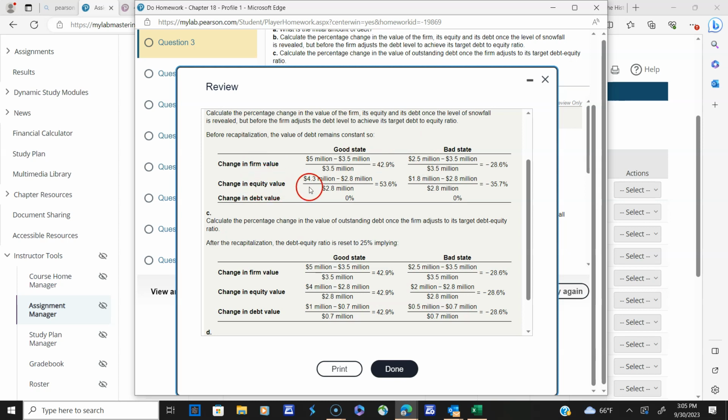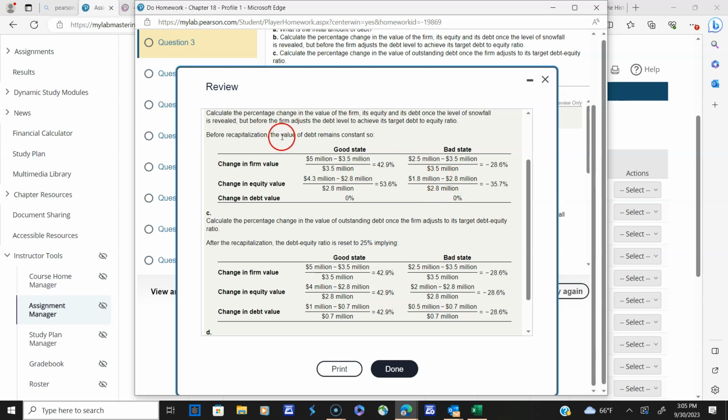The change in the equity value, all right, is 4.3 million minus 2.8 million, which is 53.6% over 2.8 million. And for a bad state, the change in the equity value is 1.8 million minus 2.8 million over 2.8 million.